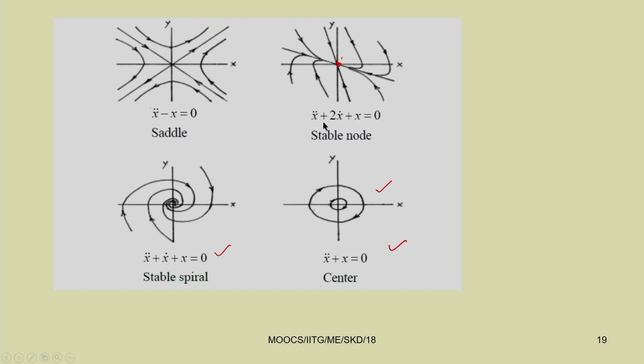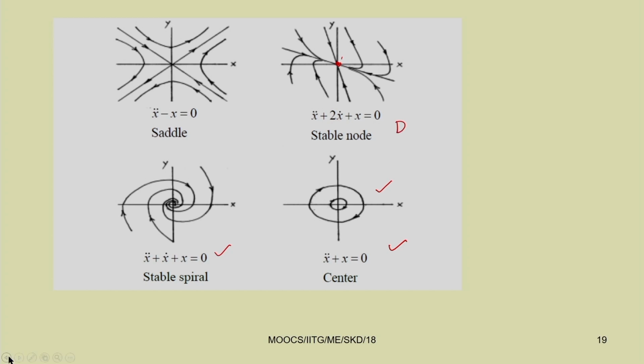Stable node means, in this case you just see the auxiliary equation and find the roots. The roots will be real.